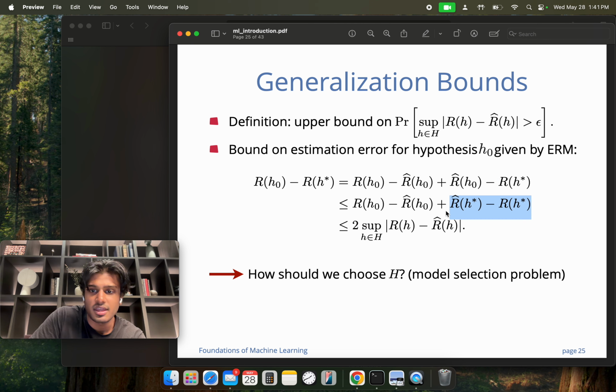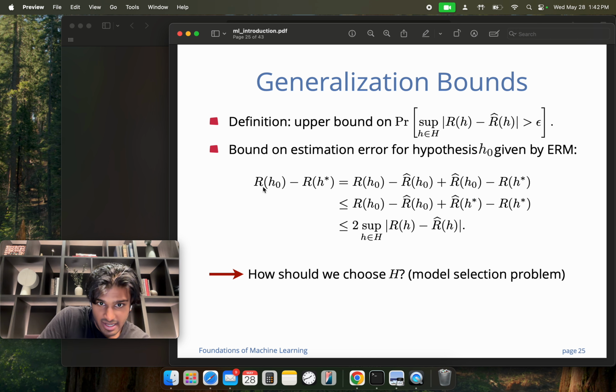And this is again the same thing. Why? Because the empirical risk of H0 is less than the empirical risk of H star, because H0 is by definition something that minimizes the empirical risk. So going from here to here, I use the fact that H0 was an empirical risk minimizer, and going from here to here, I use the fact that both of these terms are independently less than the absolute supremum.